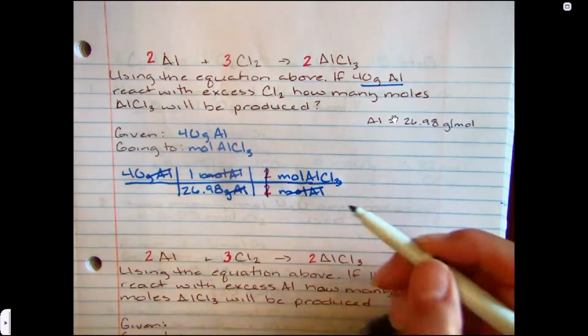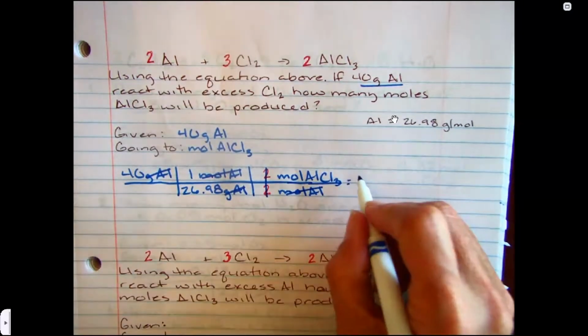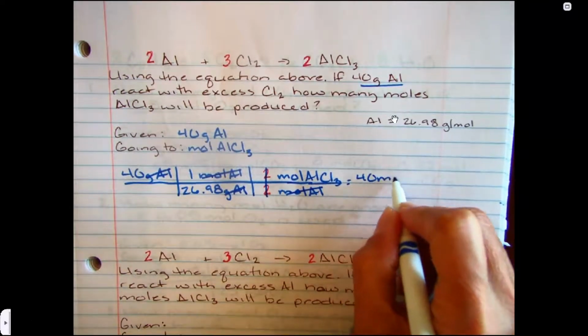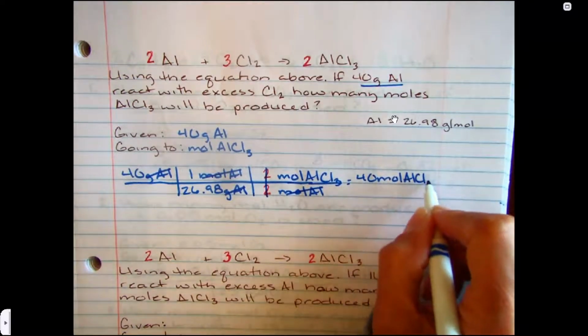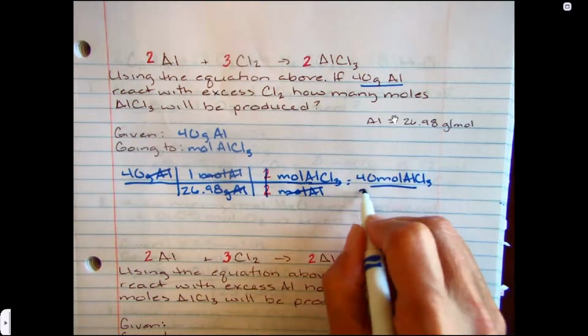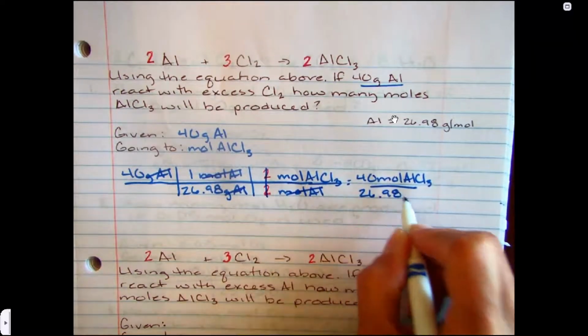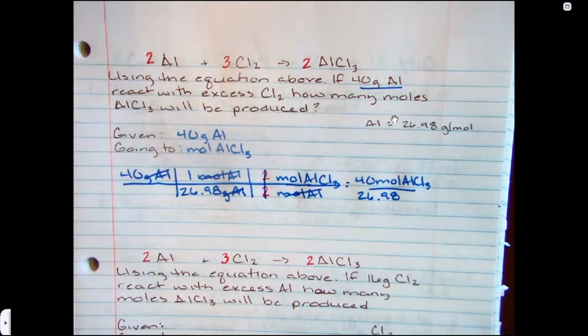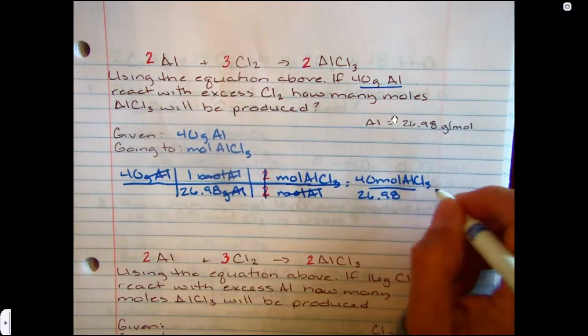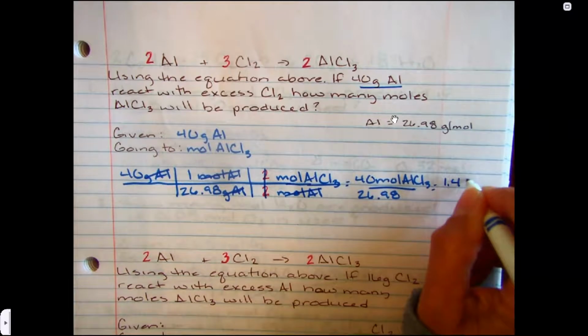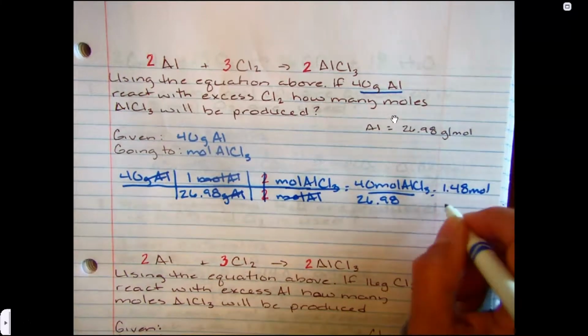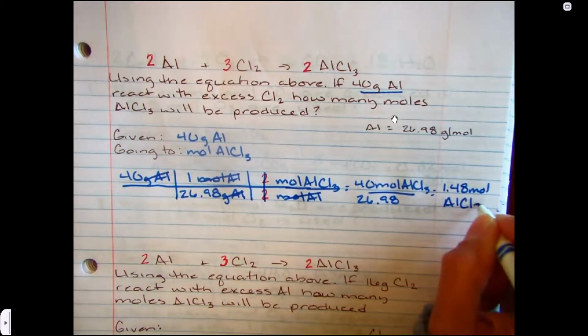So if they're the same, they can cancel. So now we just have 40 mole AlCl3 over 26.98. So 40 divided by 26.98 equals 1.48 mole AlCl3.